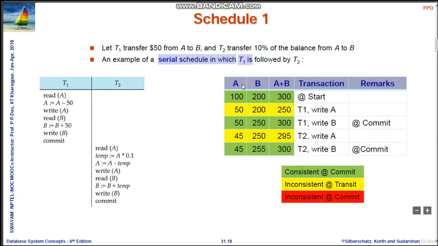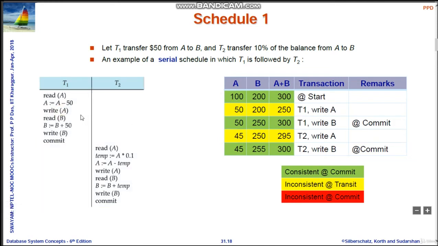Suppose A has 100, B has 200. Now A plus B. Okay guys, so initially A has 100, B has 200, and A plus B is 300. When we write A, at that point what happened?